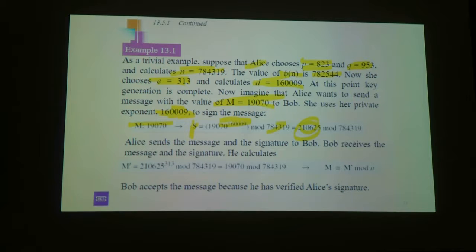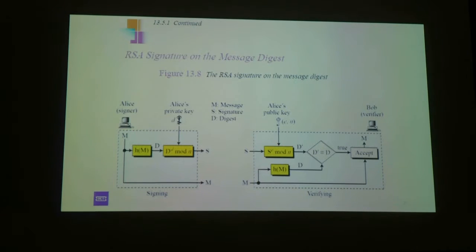That's the signature. And the recipient takes the signature, puts it in here, then uses the public key, mod the same N, and it gives you here the original message. Bob accepts the message because he has verified Alice's signature. So it's not necessarily RSA; you can use any algorithm that uses public and private keys.